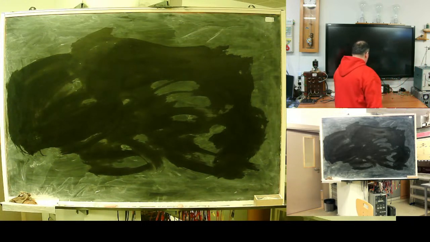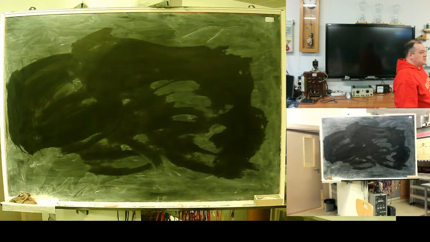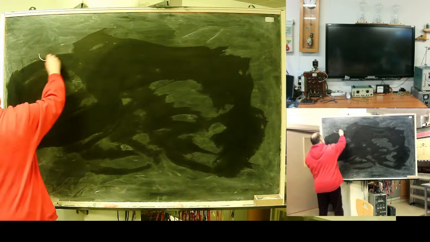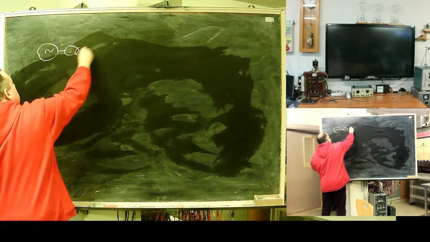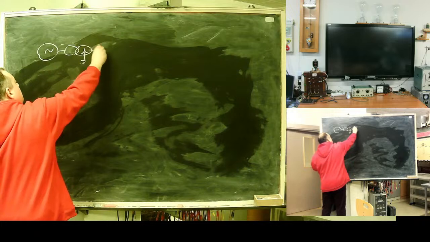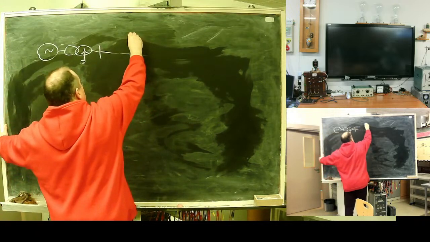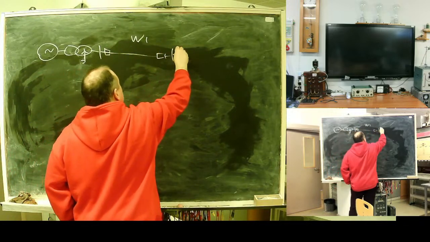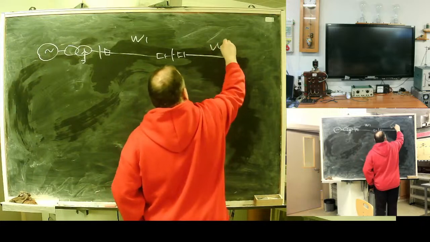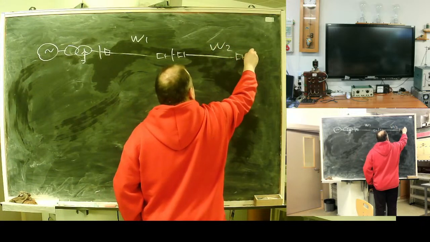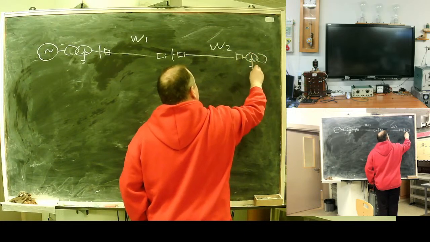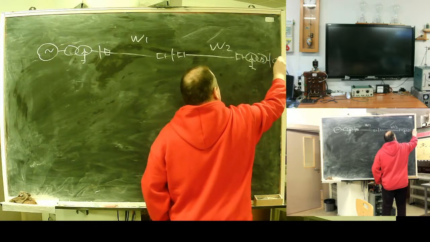Now, what kind of schematics do you need to employ to analyze your net? Let's say you have a source, transformer, V1, circuit breaker, V2, source.